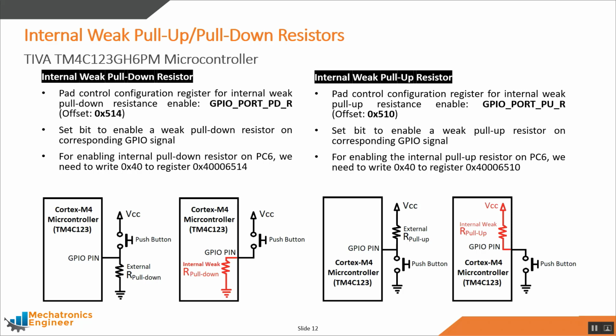We can enable these resistor values by using pad control configuration registers. In order to enable these resistors, we just need to set the corresponding bit in these registers. For both these registers, these offset values are given, and we can easily calculate their addresses by adding these offset values to the base address of the port.